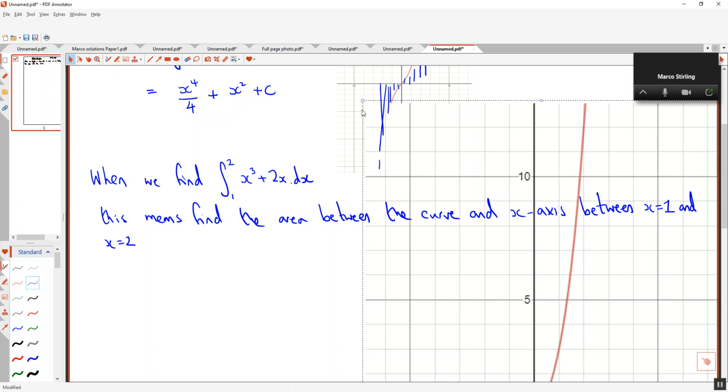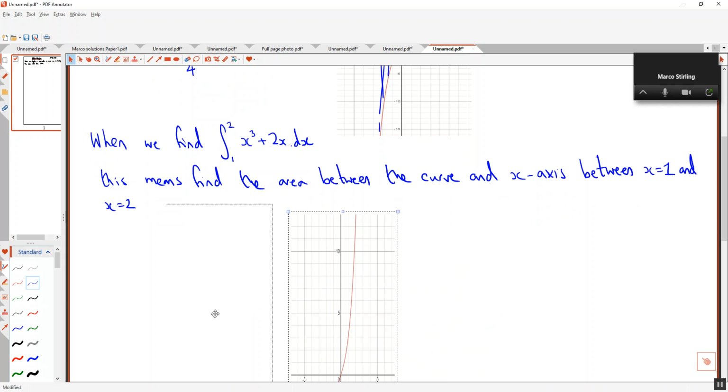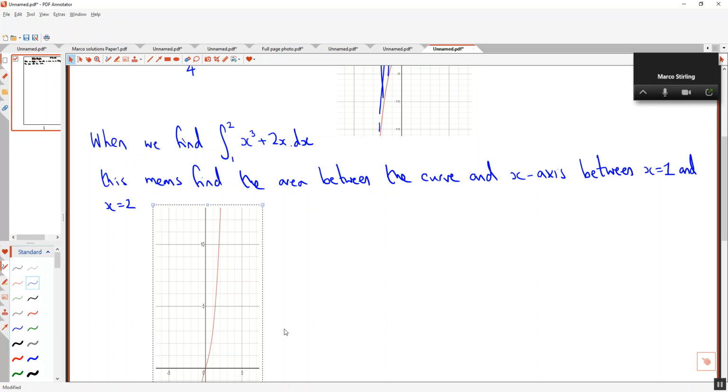So for example, this time there is 1, there is 2.